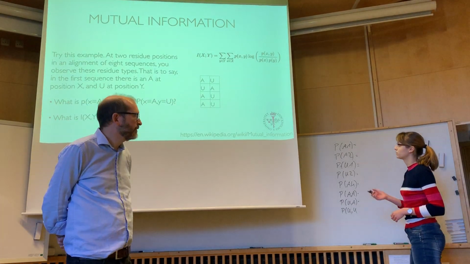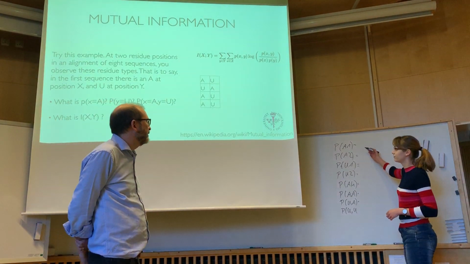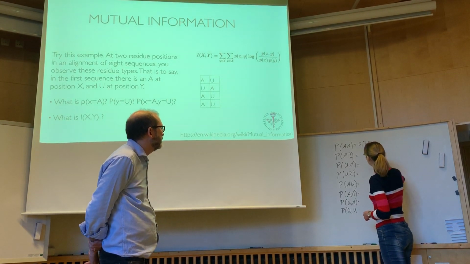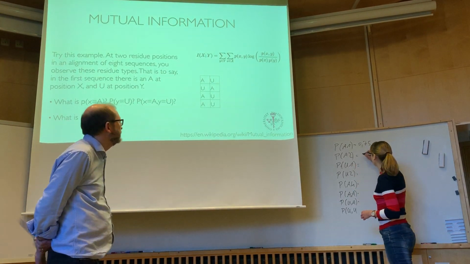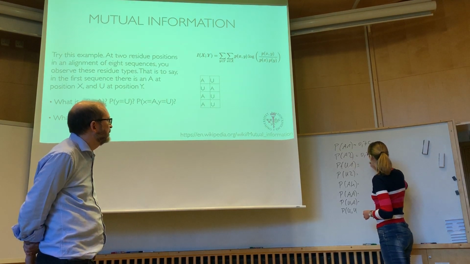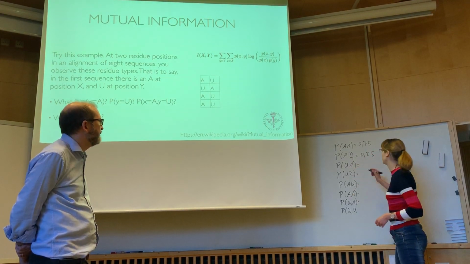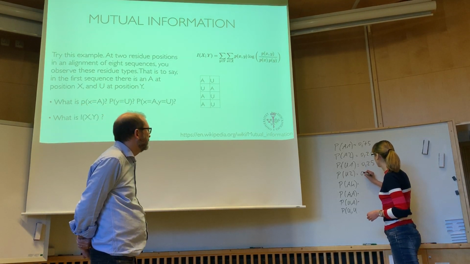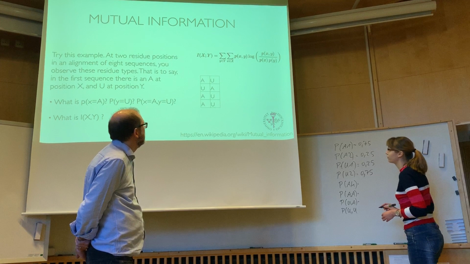And we can simply count, so for A in the first position we have 3 out of 4, so it should be 0.75. In the second position we have only 1 out of 4. And for U it's the other way around. In the first position we only have 1 out of 4, and in the second we have 3 out of 4.